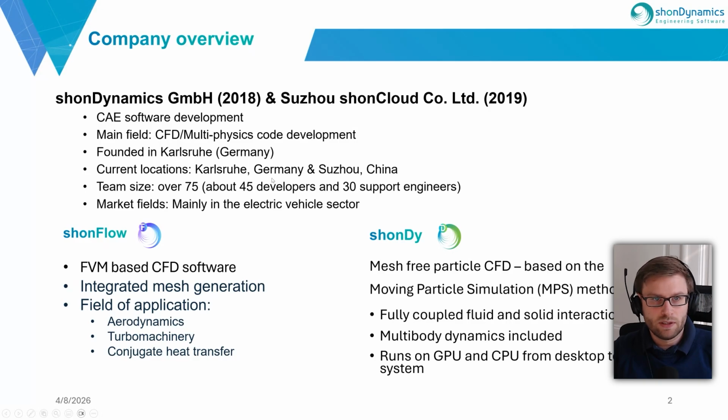One year later, after our founding in Karlsruhe, we also opened an office in Suzhou, China. At the moment, we are around 80 employees, and of these 80 people, around 50% are developers, distributed between our different software tools. And our customers you can find mainly in the field of the electric vehicle sector.